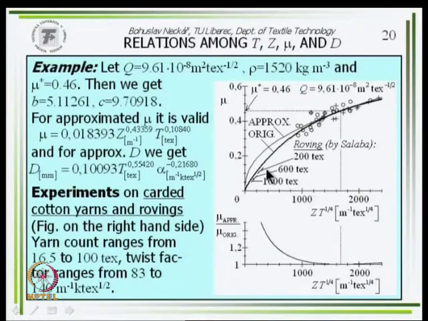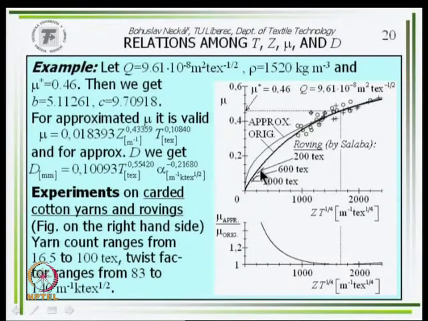My earlier colleague in the research institute, Mr. Zalaba, measured also the diameters of rowings. His empirical equations of rowing diameter, the result of it, are shown in these two short curves here.